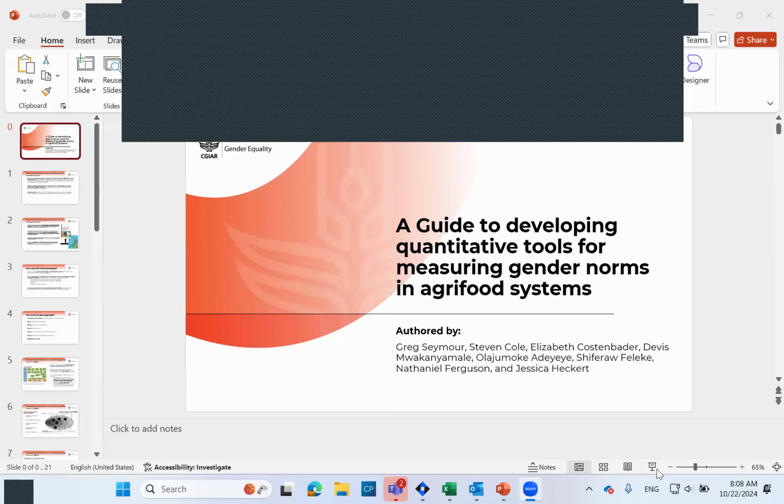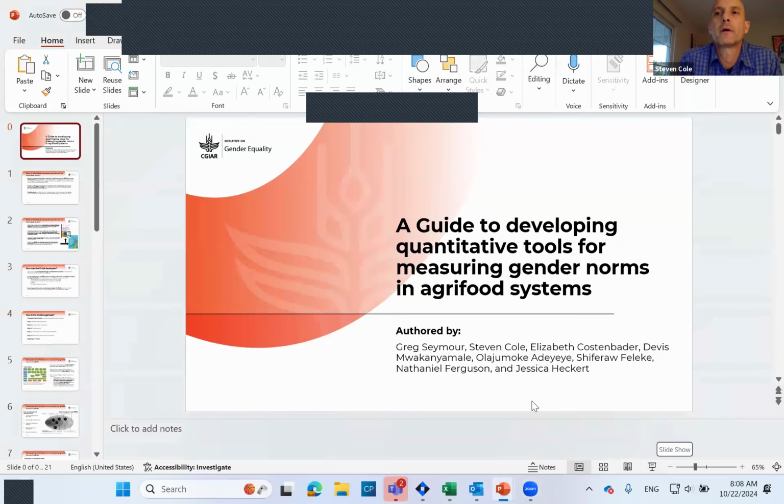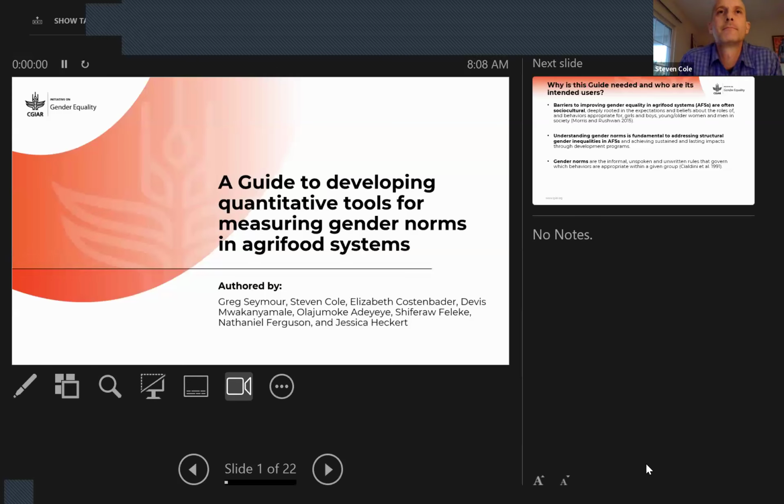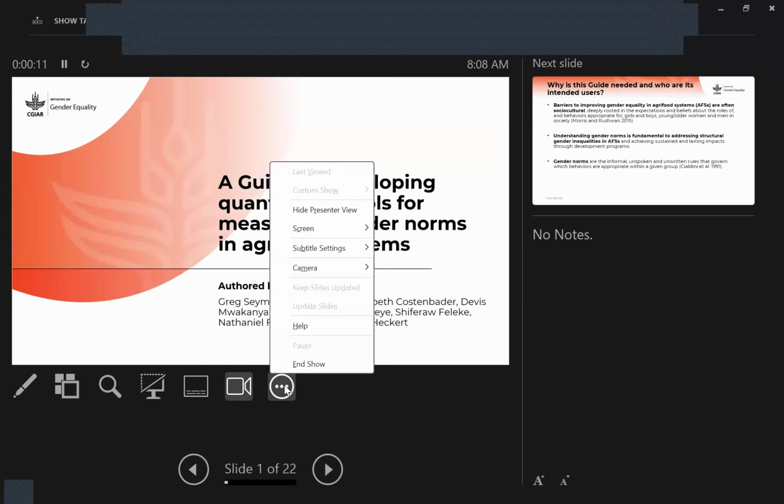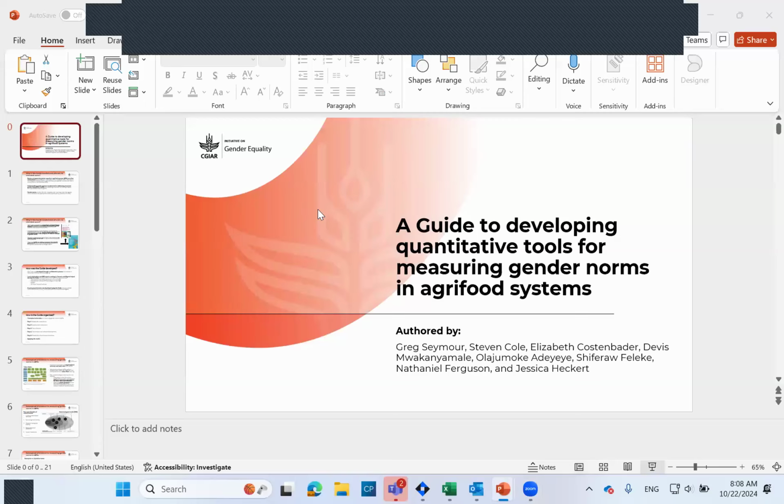Click the three dots right below the screen, the hide presenter view. Can you try that? If it doesn't work, we can go ahead with that view.